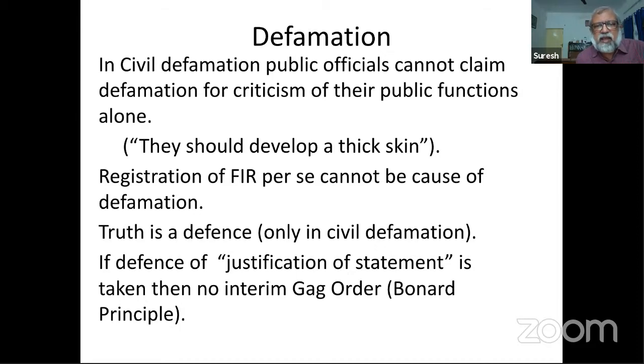The mere fact that somebody criticized their opinion, maybe in a manner which was not to the liking of the official, does not give a reason for the public official to go to a civil court and ask for an injunction, saying that I'm defamed, they should not be allowed to go ahead with the expression. Then, supposing there is a journalist who writes about the fact that an FIR has been registered against a particular politician for corruption, that by itself does not give rise to a complaint of defamation.